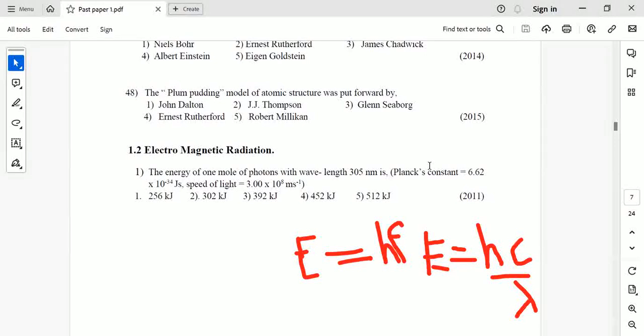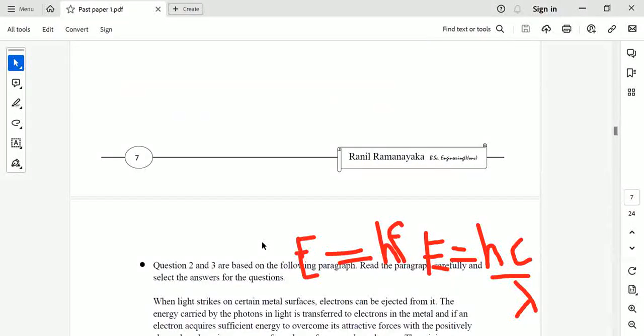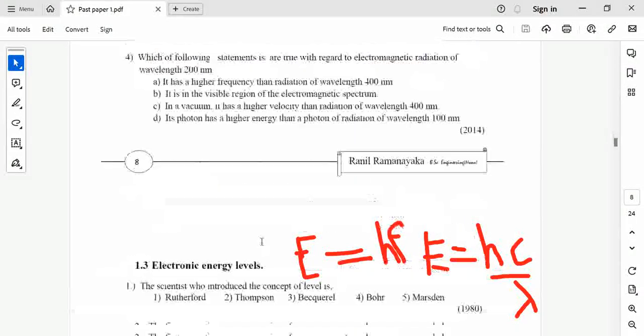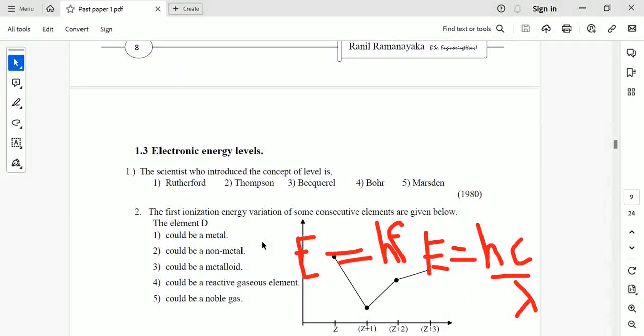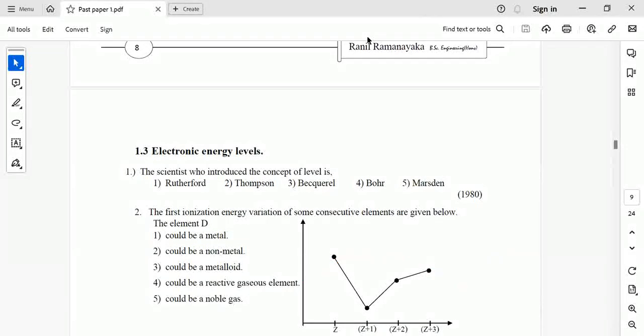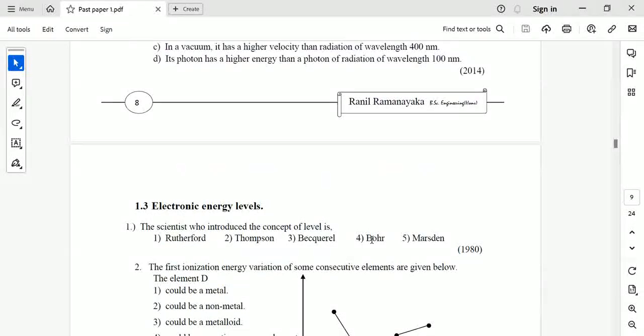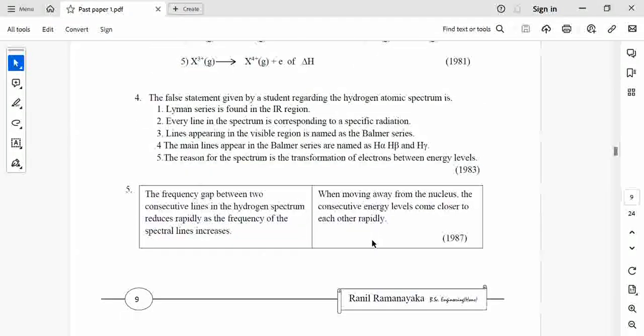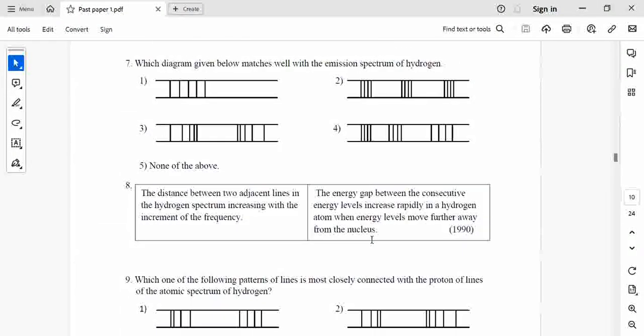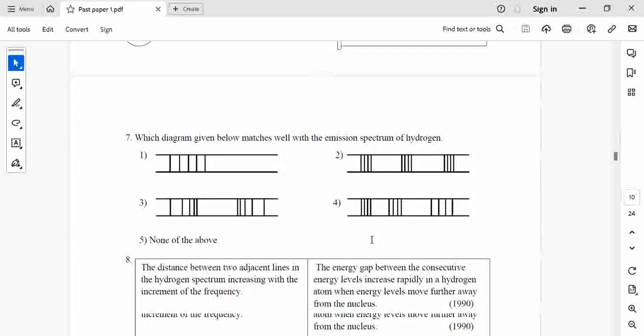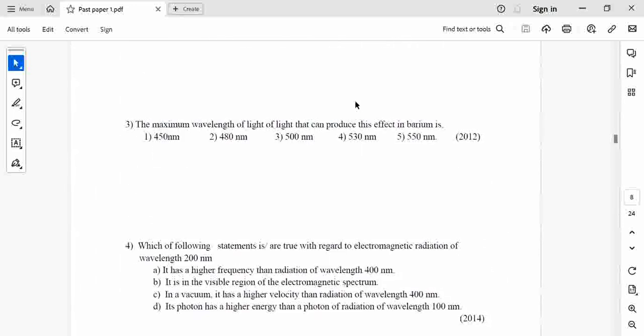Okay, yes, we have discussed these. The energy concept was by Niels Bohr. But after that, these are from spectrum. We have to study spectrum to answer these. So in the next class next week, we will discuss this one.